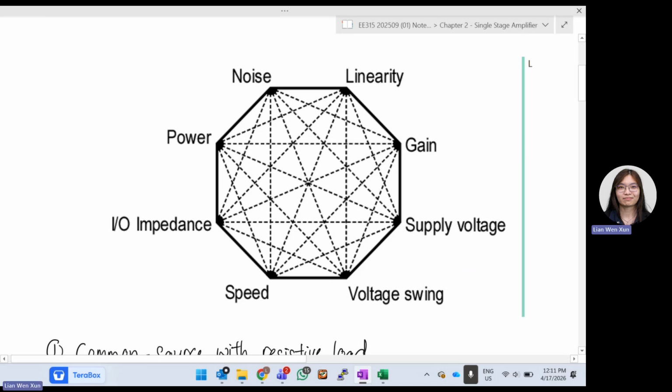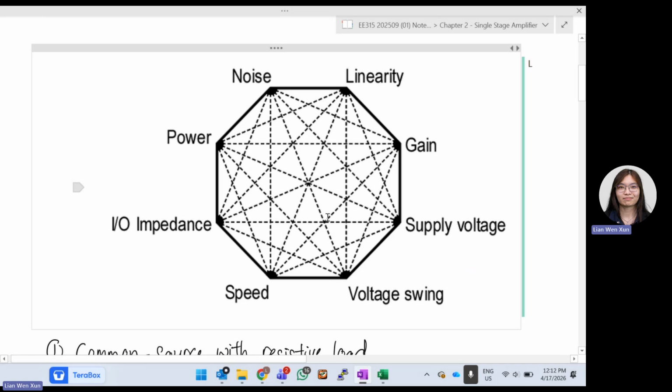But in analog IC design, nothing is perfect. We cannot actually tune until everything is good, because it follows this whole diagram, where if you want to have low noise, if you slide toward your noise, maybe your voltage swing might be very bad. So they are all interconnected to each other.